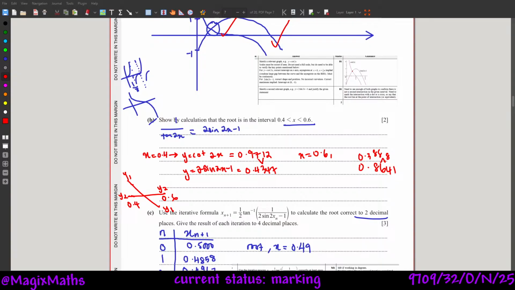Just make sure to work in radians. Then we want to justify the given statement. How should we do that?